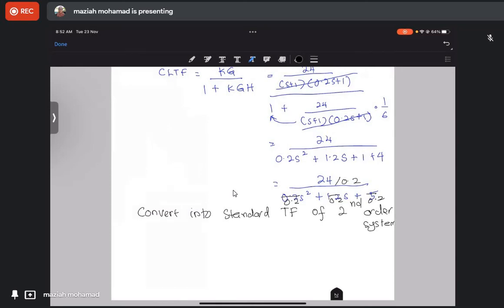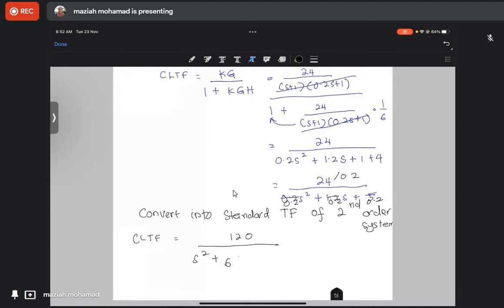So 24 divided by 0.2 is 120. Meaning the closed loop transfer function will be 120 divided by s square plus 1.2 divided by 0.2 is 6s, plus 5 divided by 0.2 is 25.